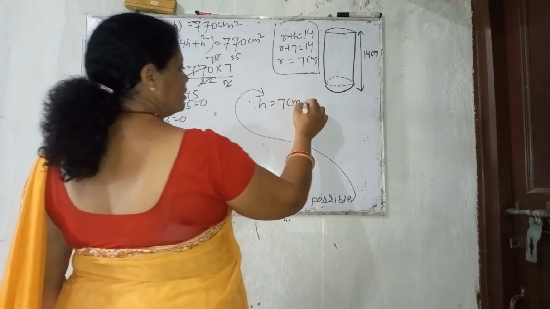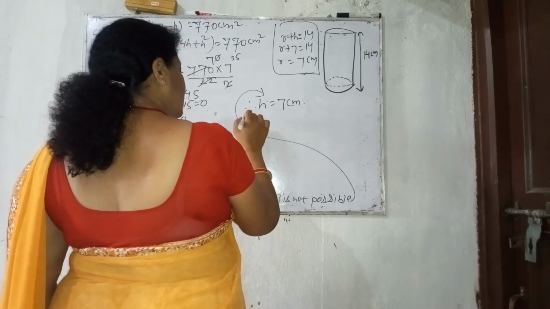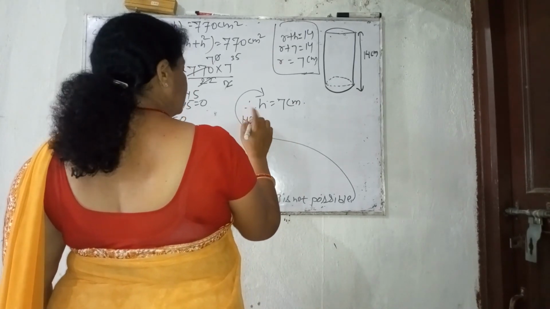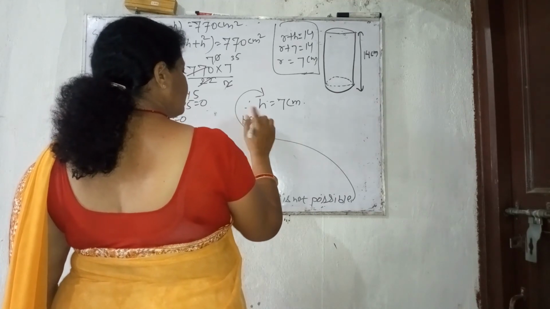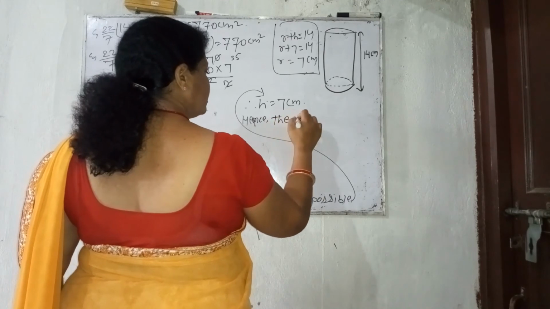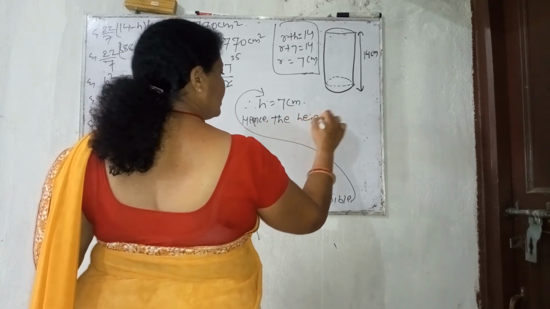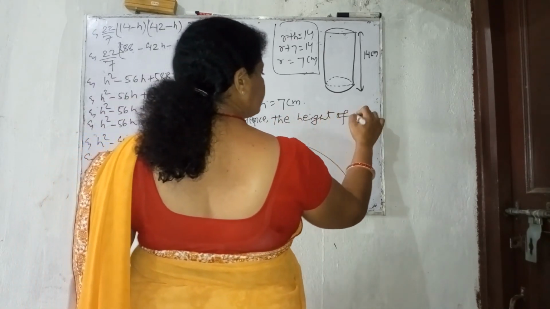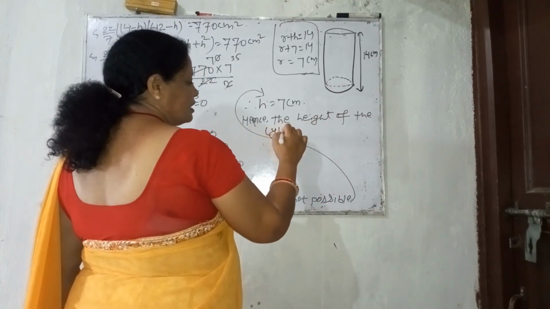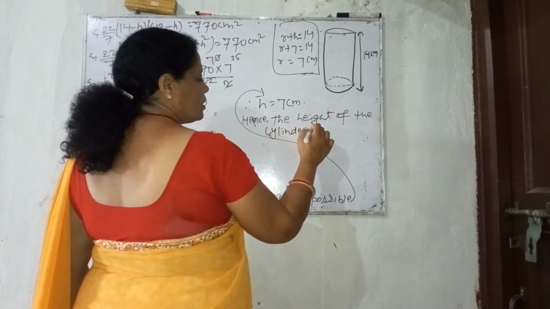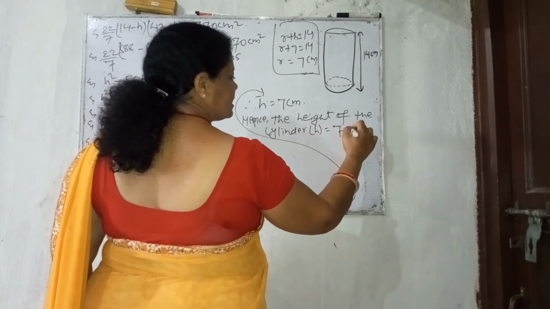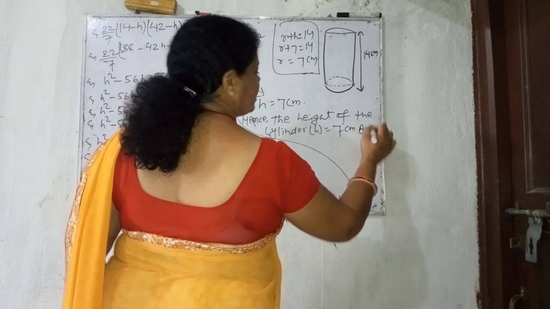Hence the height of the cylinder, h equals only 7 centimeter, is its answer.